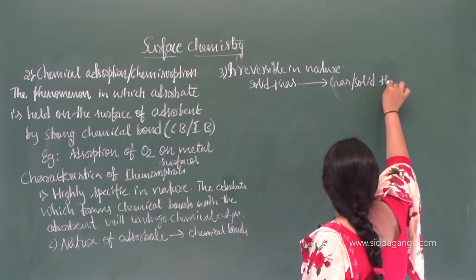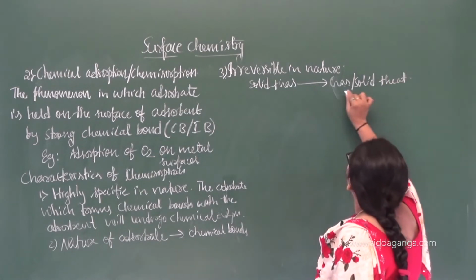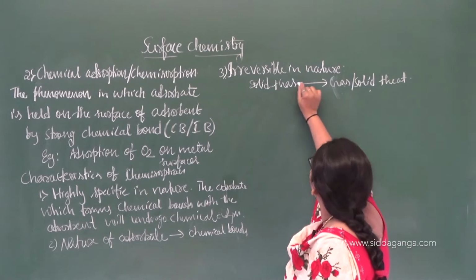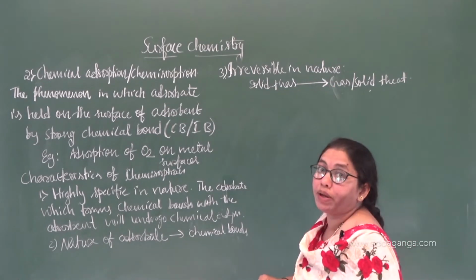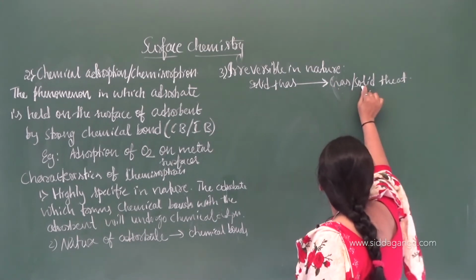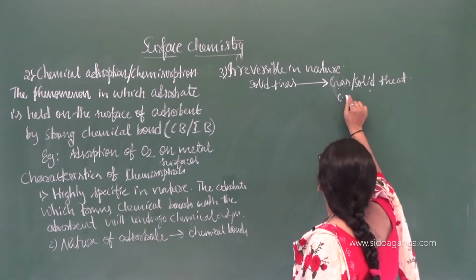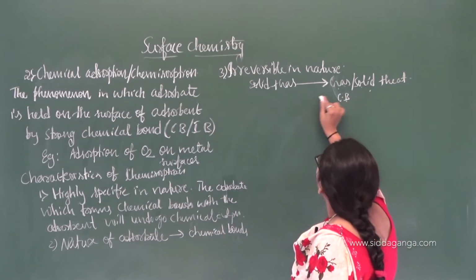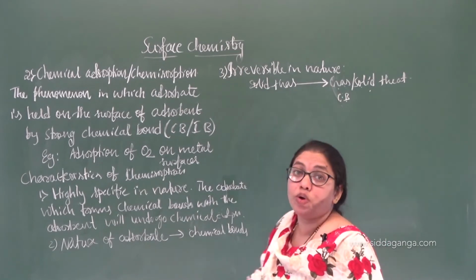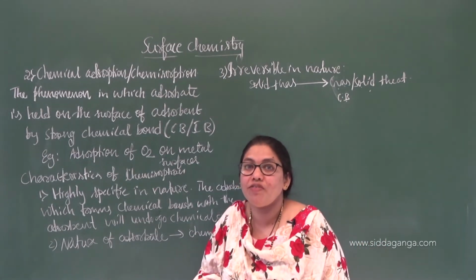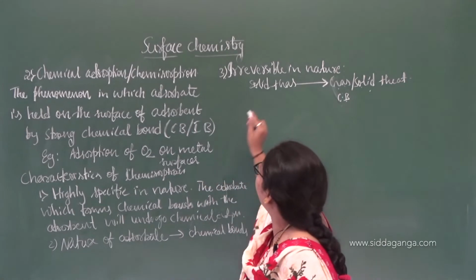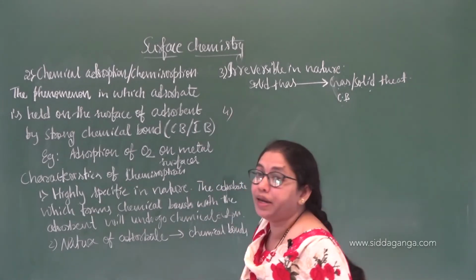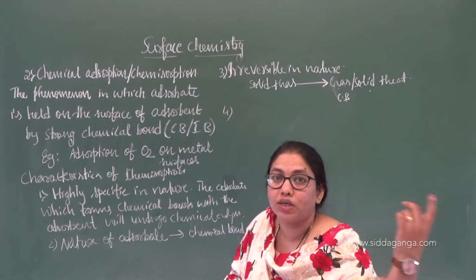It is also exothermic, but it is irreversible in nature because the gas is held on the surface of the solid by strong chemical bonds, so reversing the reaction requires more energy as well as very high temperature. So the reaction is irreversible in nature. I hope you understood that concept.